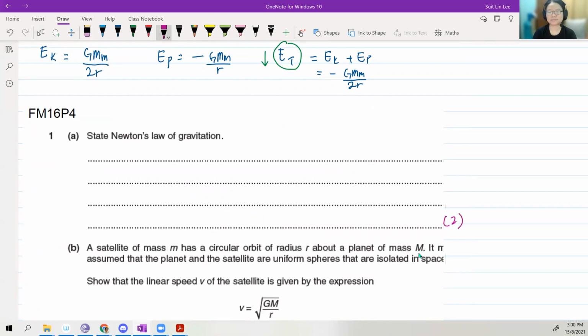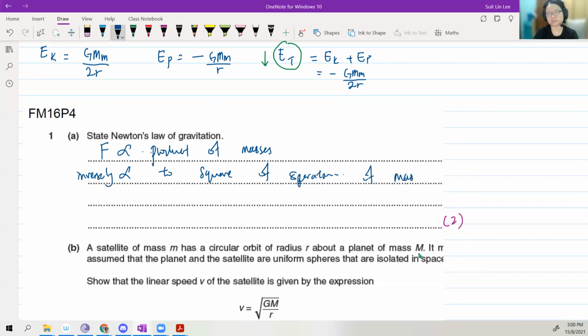So the first mark, just as a recollection, is you write down the statement: force is proportional to the product of masses, and inversely proportional to the square of the separation of the masses.